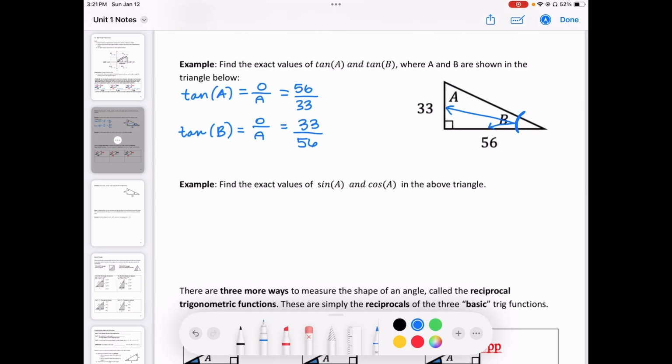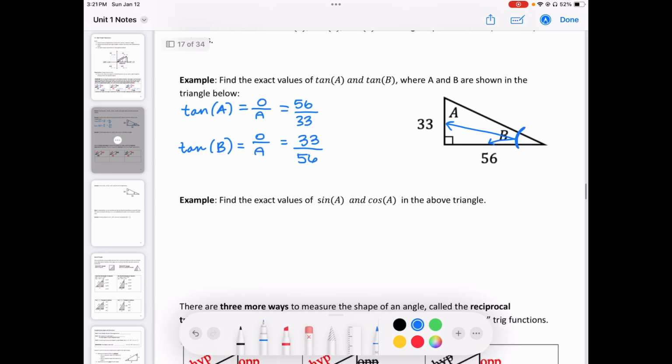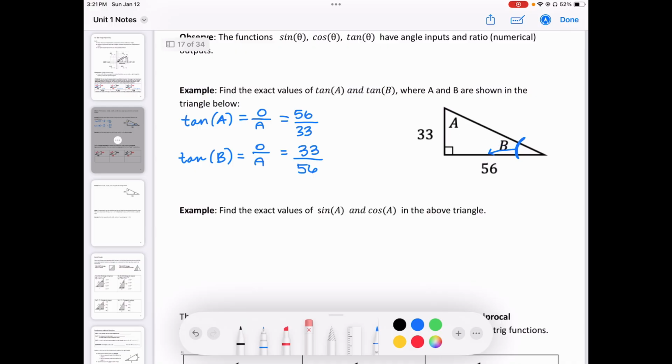Now, if we want to do that for sine and cosine, it'll look similar. However, we do need to find the hypotenuse. This side is missing, so we do need to find that side. So 33 squared plus 56 squared equals c squared.